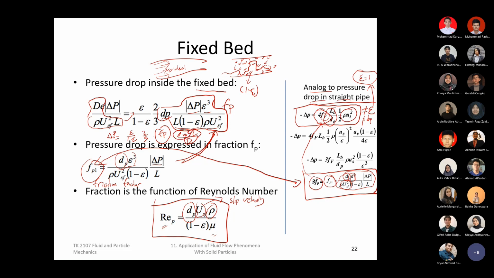So again, that's what I mean by it being very analogous to the pressure drop in a straight pipe correlation. The main difference is that FP must be a function of the particle diameter and the void fraction. Once you sort out that FP, it's just the same correlation as a pressure drop in a pipeline. Any question?